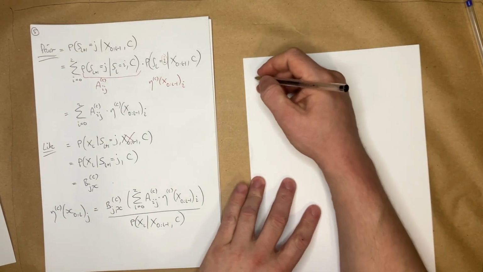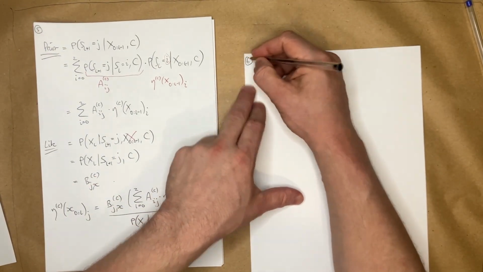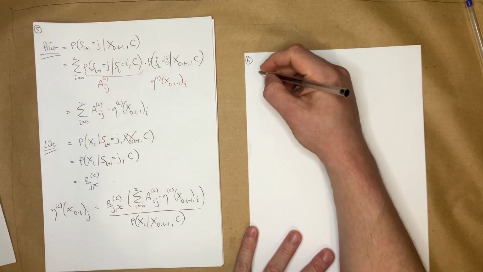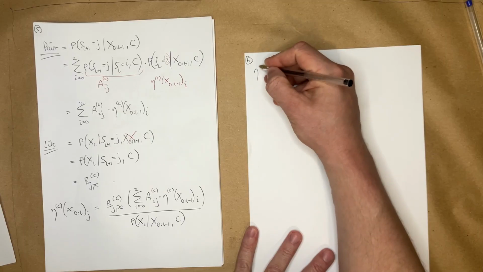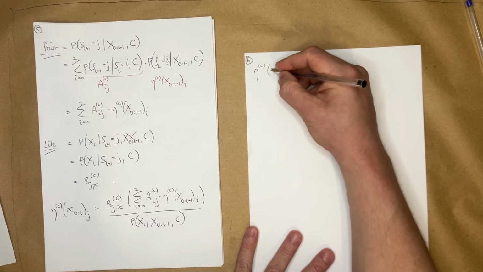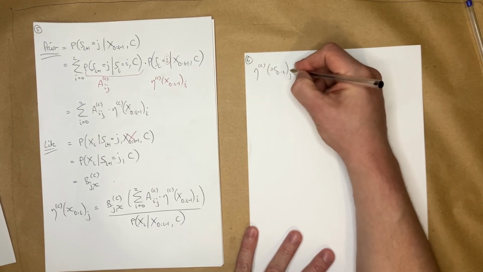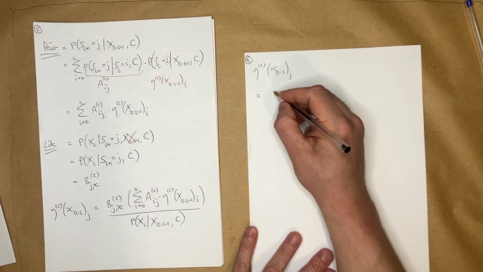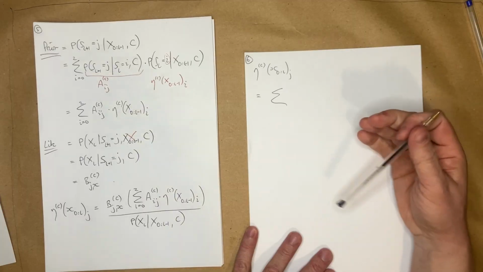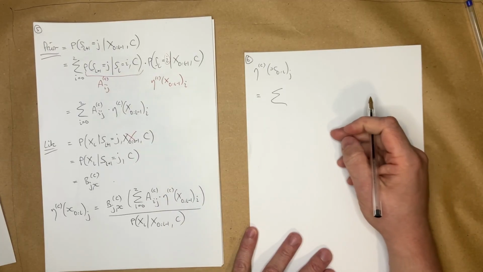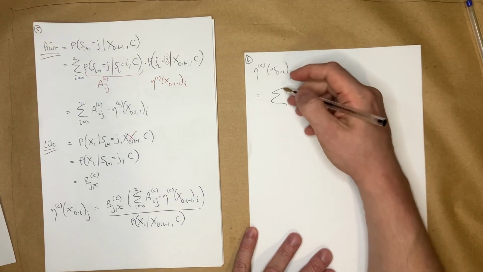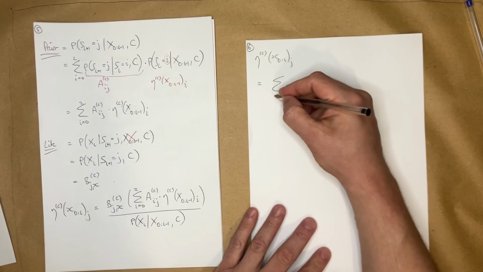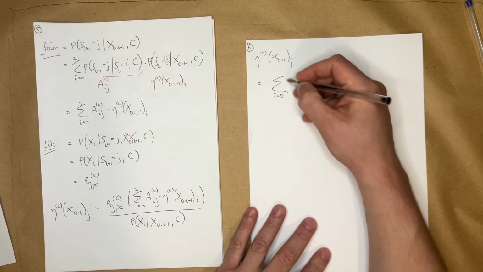Okay, and we can bring the B inside the summation. So I can write, well, I'll just write it again. X 0 to L, indexed by J, and it's equal to, I'm going to write the full summation now with B inside. So I've got I equals 0 to 2.